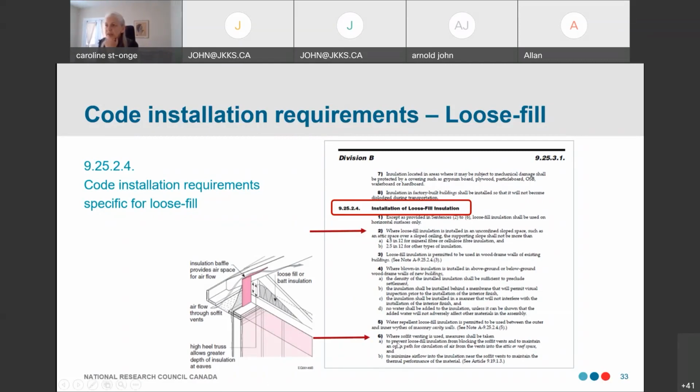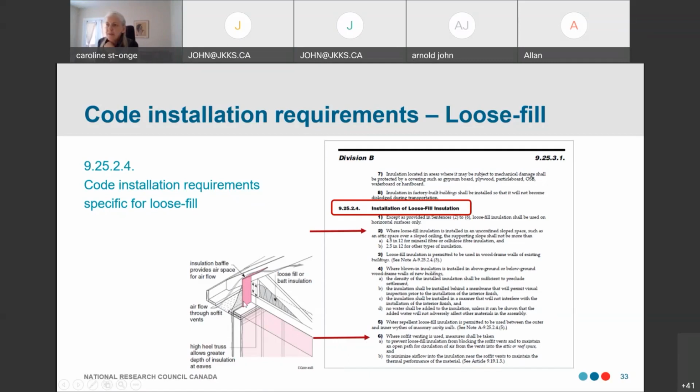Under 6, the code says this is in the area of the soffit and the attic where the loose fill insulation is installed on the ceiling. So the code says where soffit venting is used, measures shall be taken to prevent loose fill insulation from blocking the soffit vents.